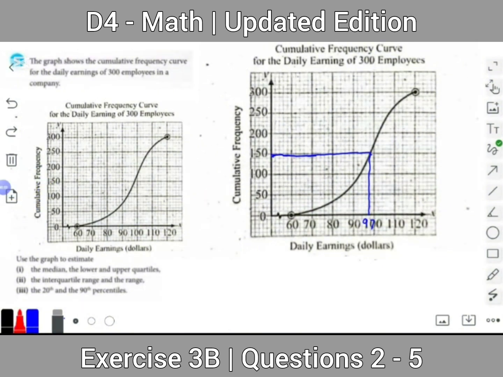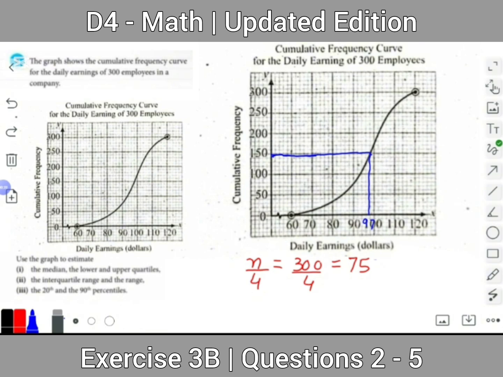Now to estimate the lower quartile from the cumulative frequency curve, we find the position of the lower quartile by using n over 4. So n over 4 is equal to 300 divided by 4, and it will be equal to 75. Now we will look for the data values corresponding to the cumulative frequency of 75.